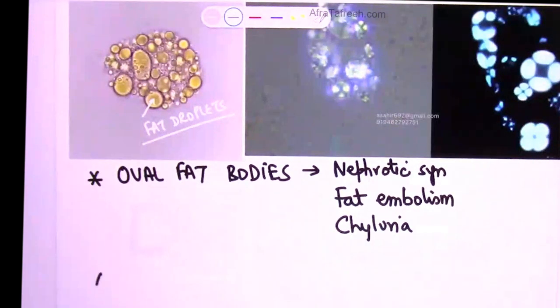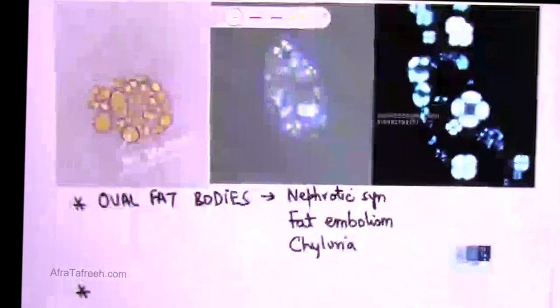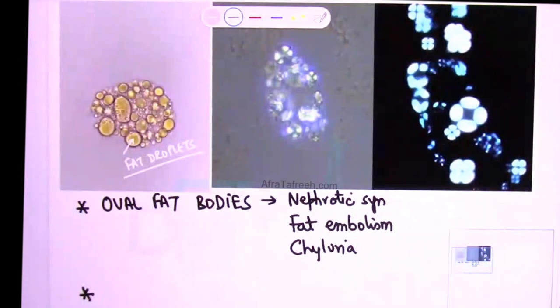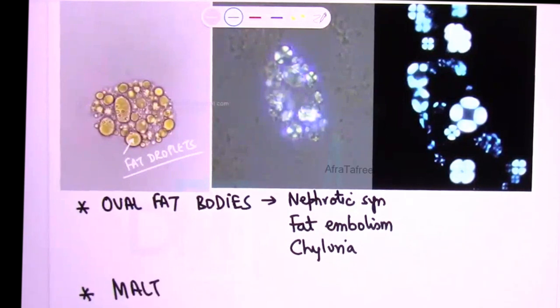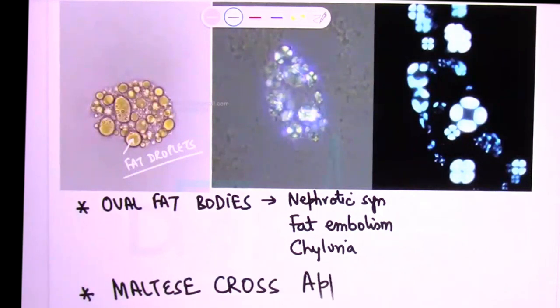Three important aspects that I want you to remember from a urine analysis perspective: one, eosinophils in the urine; then oval fat bodies; and the third, very atypical thing that they've asked, is with respect to polarized microscopy being used to evaluate the urine of the patient, and the finding they have asked about is the Maltese cross appearance. Maltese cross appearance is read by us multiple times.